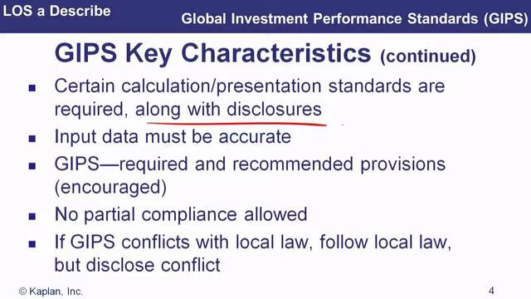Input data has to be accurate, so we've got to have safeguards on maintaining our data, compiling the data, those types of things. We have required and recommended provisions, just like we had with the Standards of Professional Conduct. We had the guidance, then we had recommended procedures. Well, there's going to be some things that are required and other things that are going to be encouraged, but may not always be implemented because, of course, the world has lots of variation and it may not be appropriate in all cases.